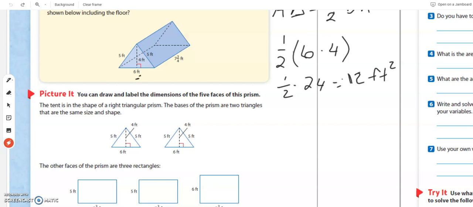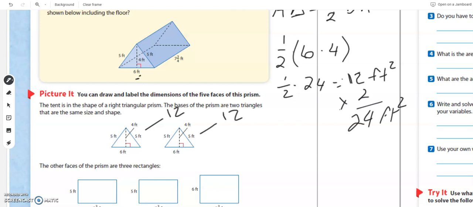So there's two bases, so that's going to be times 2. So there's 24 feet squared for those two sides. So this one is 12, and that one's 12.